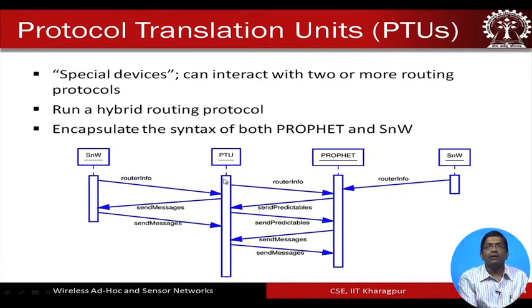In between, we introduce devices which run the protocol translation unit, acting as a translator of the messages sent by the different nodes which want to communicate with each other. This acts like a middleware sitting between the two nodes, so that they can follow the messages sent by nodes following different protocols.